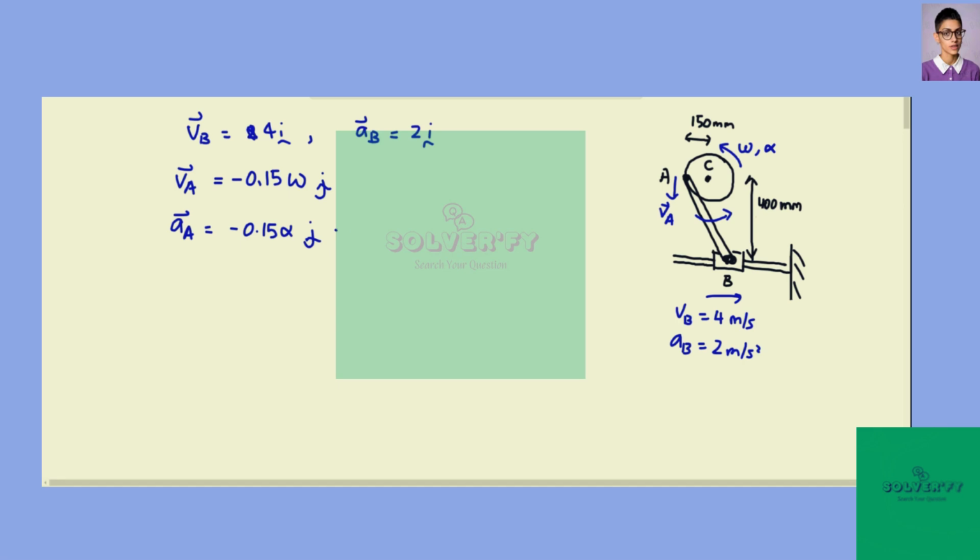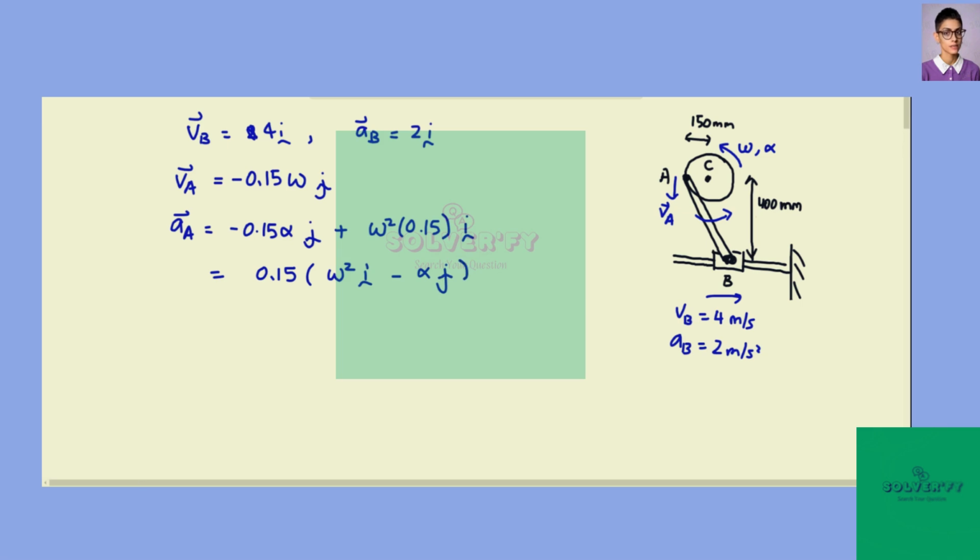And then the normal component of the acceleration will be omega squared times r, which is also 0.15. So in the i direction, we have 0.15 omega squared i minus alpha j, for the acceleration of point A.